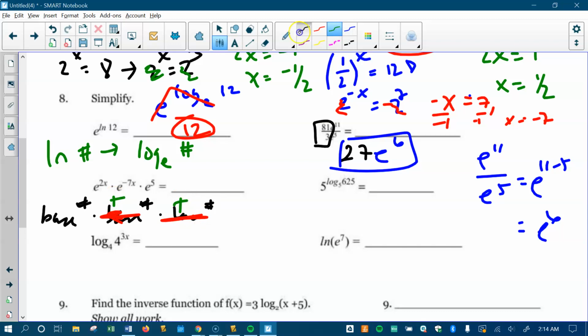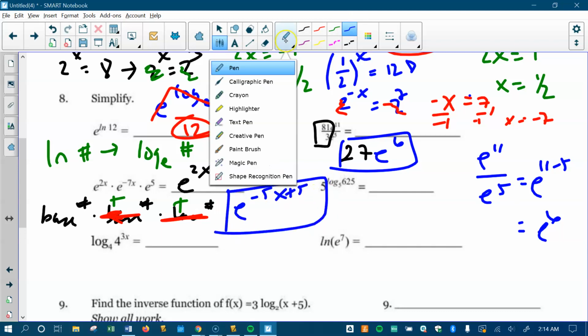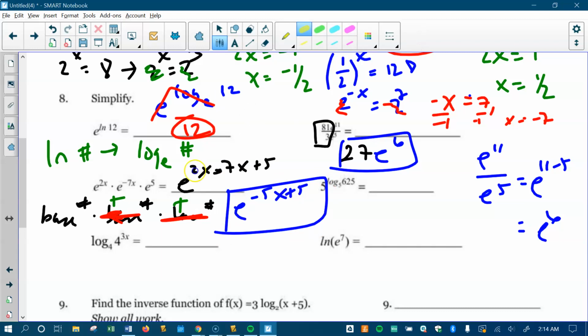So we can do e to the 2x plus negative 7x plus 5. When you do plus negative 7x, you just get a minus. So our final answer is e to the negative 5x plus 5. And the way I got negative 5x, just in case you weren't sure, is I combined 2x minus 7x to get negative 5x.